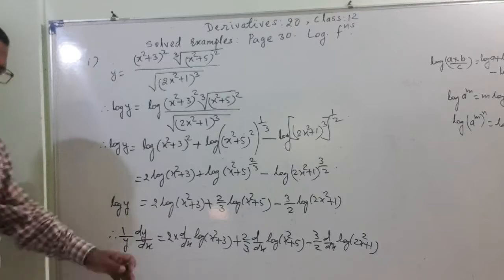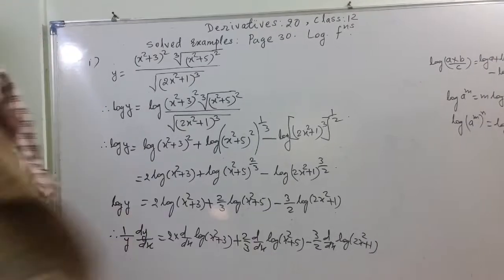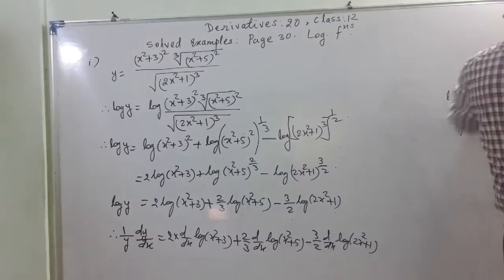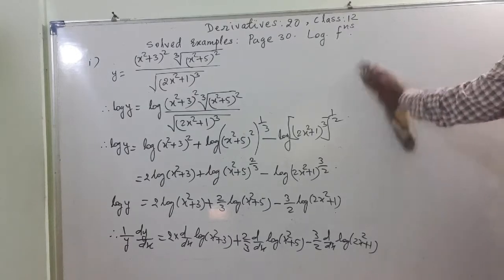So this I have just written, that I am going to take the derivative on both the sides. I am rubbing this part now. Remaining part I will do here and will go on rubbing this.